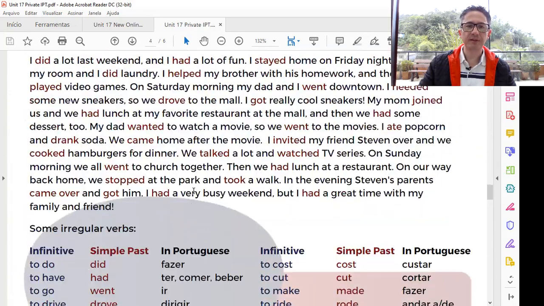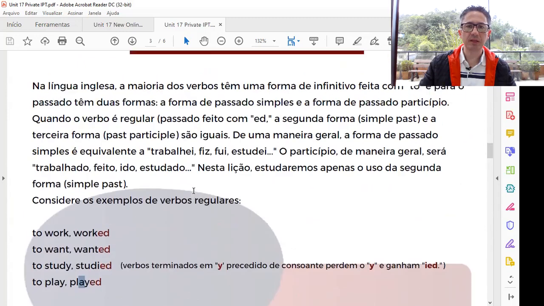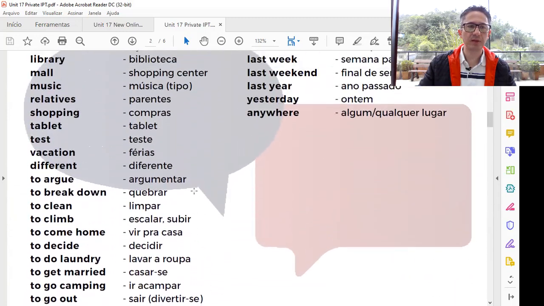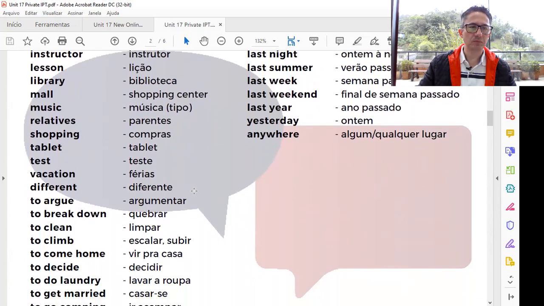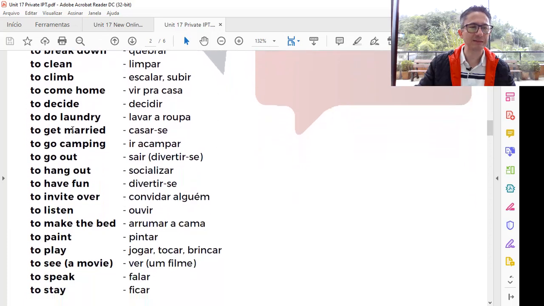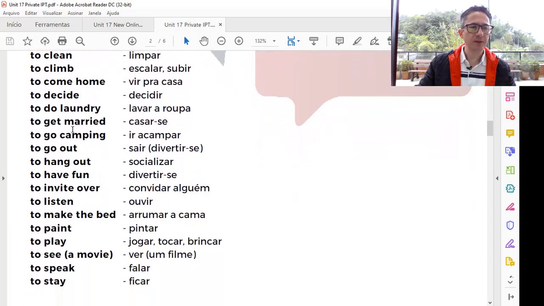Let me see if I have any other comments to make about the vocabulary here. Okay. Mall or shopping mall, okay? Shopping center too, all right? Most commonly mall or shopping mall. Relatives, okay? Different from parents, right? Parents, pais, relatives, parentes.